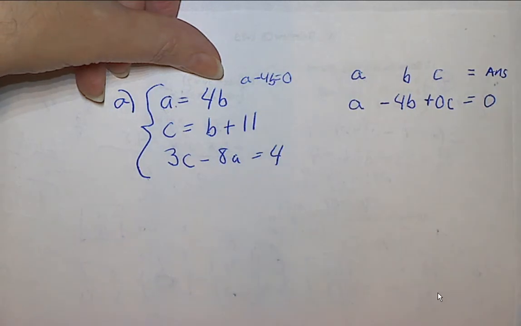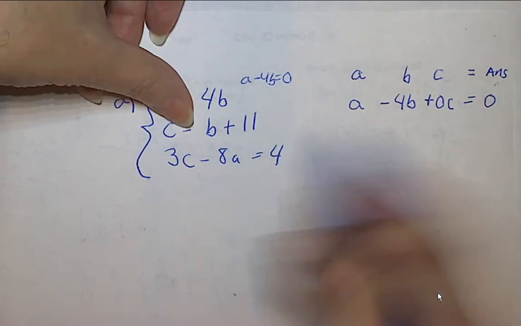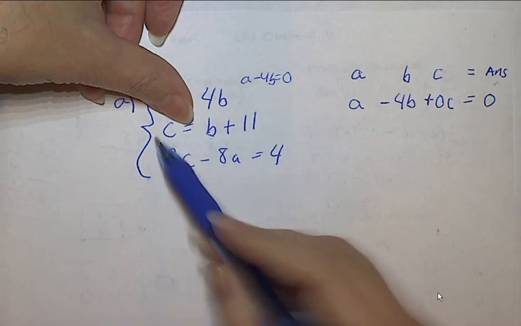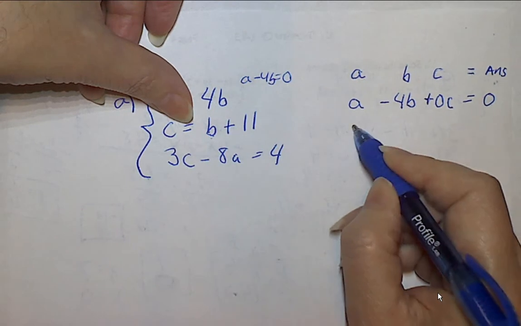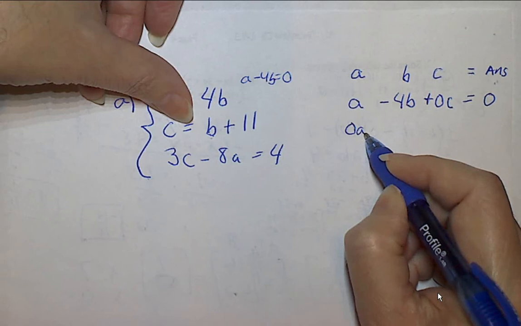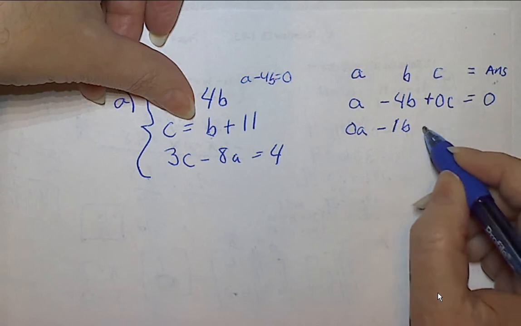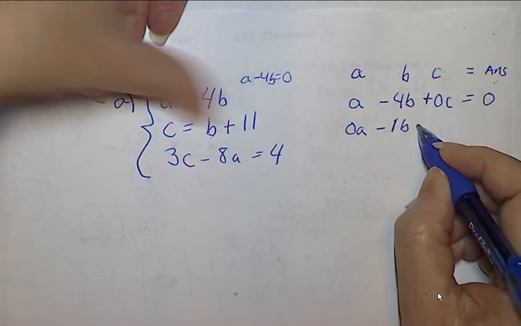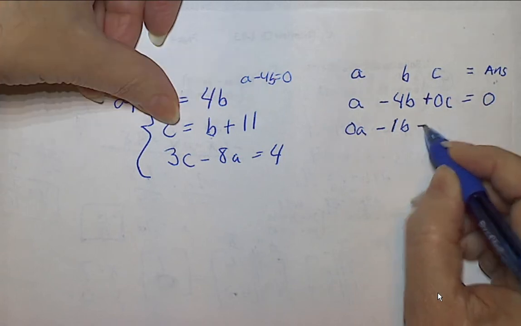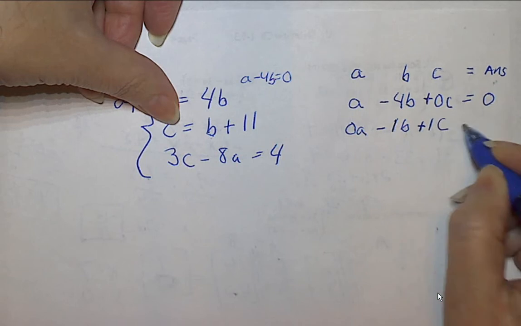Now this one, I'm just bringing the B to the other side, but I don't have any A's, so I'm going to have 0A minus 1B, or just B, but I'm going to go minus 1B, and I do have a C, so I have plus 1C is equal to 11.